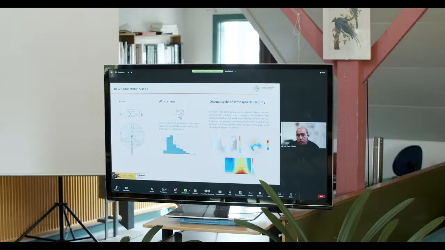We have also obtained the wind shear of each wind speed, and we have tested the diurnal cycle of atmospheric stability, and you could see that during the night and during the day there are differences in the turbulence and the wind speed profile.